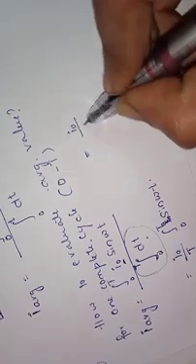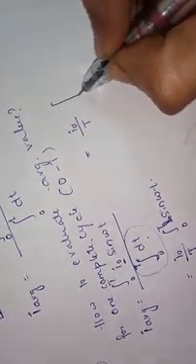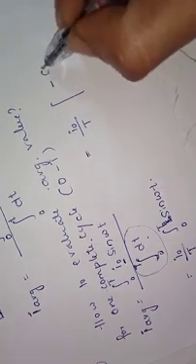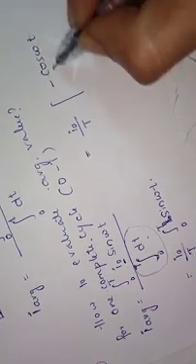Let's calculate: I naught by T is a constant. The integration of sine omega t is minus cos omega t by omega. Integral limits are 0 to T.